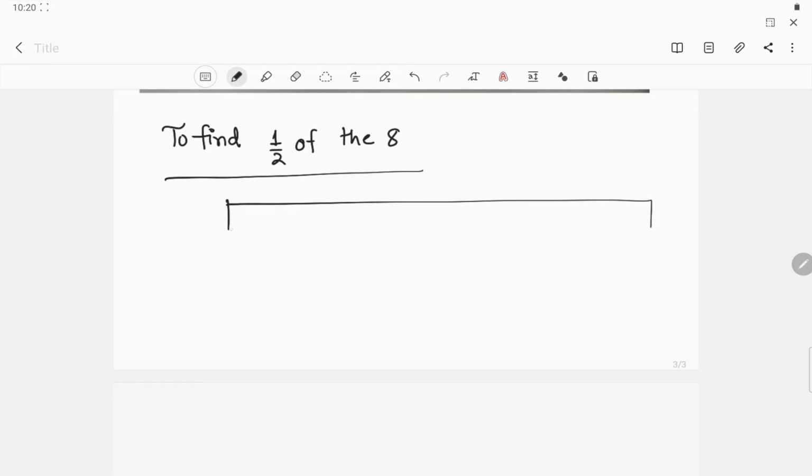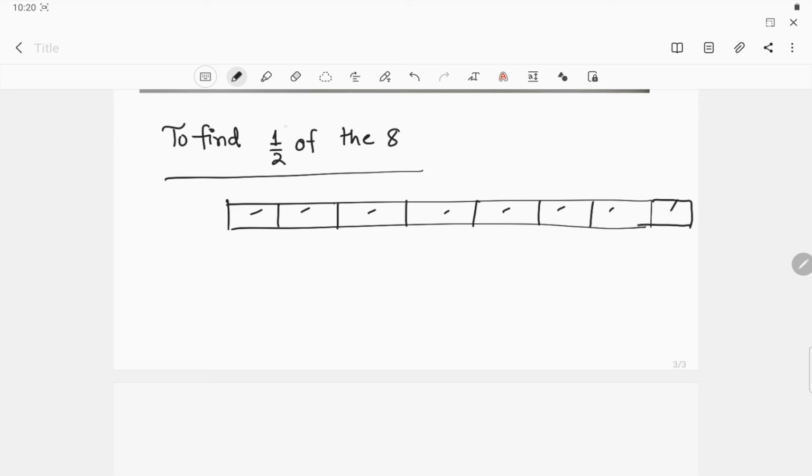Now fractions as a part of a collection or group of objects. Suppose I ask you to find half of 8. So what will be your answer? Half of 8. That means you have 8 equal parts: 1, 2, 3, 4, 5, 6, 7, and 8.